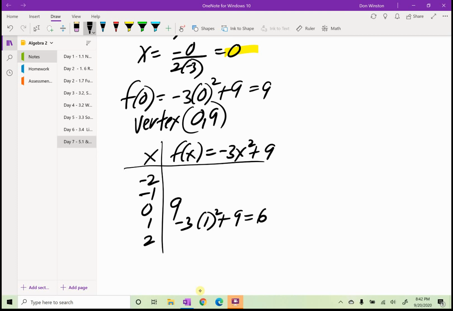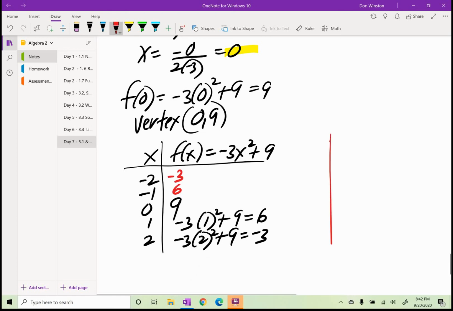And then when x is 2, I have negative 3 times 2 squared plus 9. 2 squared is 4, and 4 times negative 3 is negative 12, and negative 12 plus 9 will equal negative 3. And then I know that I'll just use symmetry. So this would be 6, and that would be negative 3. And then I could graph that.